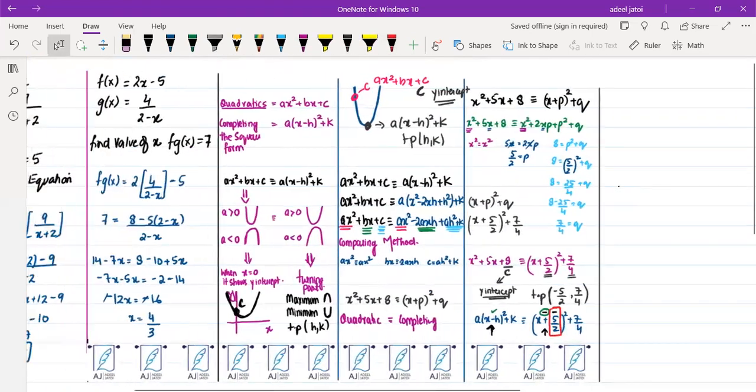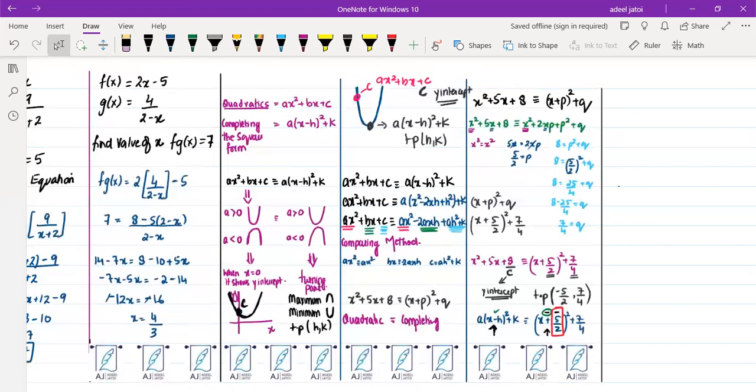So when we do quadratics, we work out through what? We work out through the y-intercept. Your y-intercept, given through the quadratic equation, was 8 in this example, and the turning point is minus 5 upon 2.